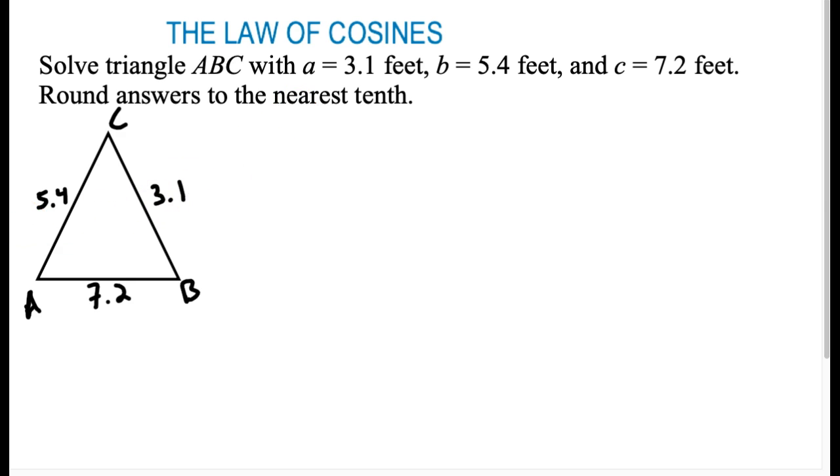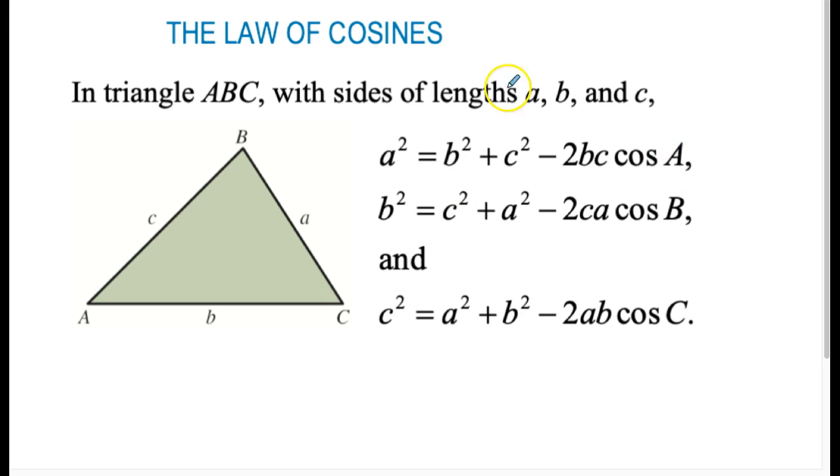Now, if we look back at these forms of the law of cosines, we could actually take one of these forms and solve it for a missing angle. So let's take this last one down here and solve it for angle C. Well, to do that, I would first subtract a squared and b squared over, and have c squared minus a squared minus b squared equals negative 2ab cosine of c.